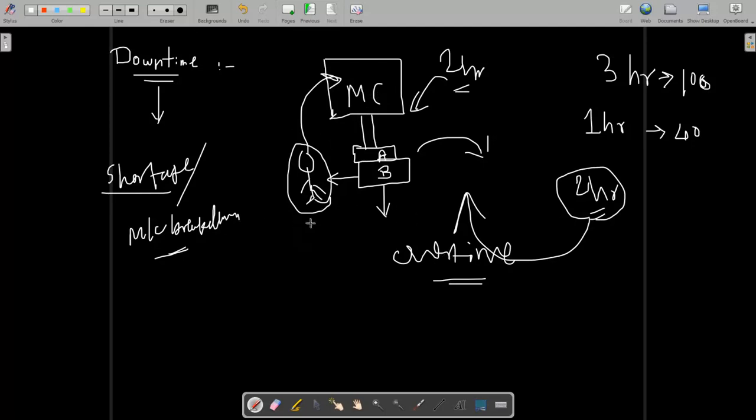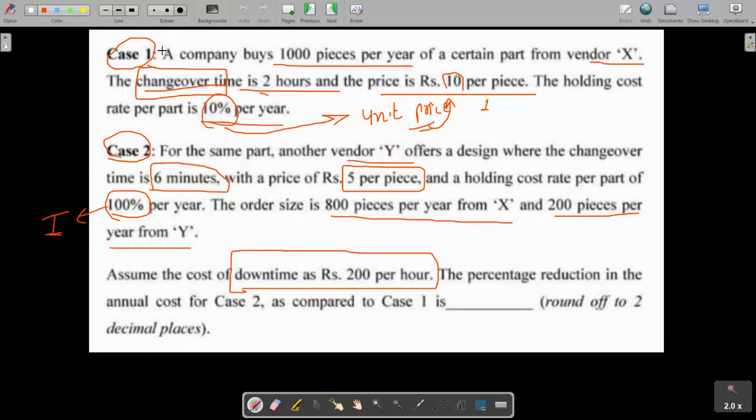If you call a worker or technician from outside, they will charge. All these charges will be considered as downtime charges, and here it is given as 200 rupees per hour. Hope you guys understand this.